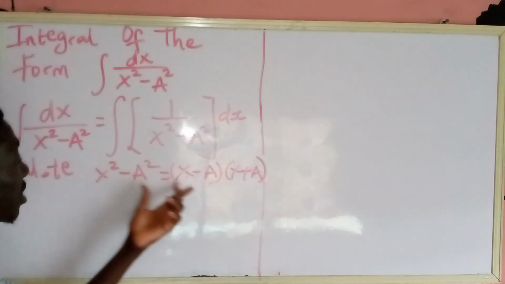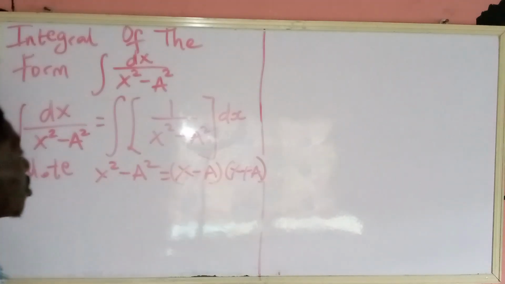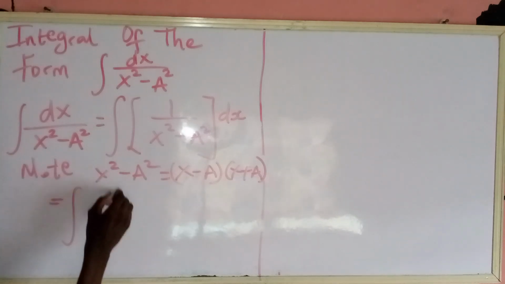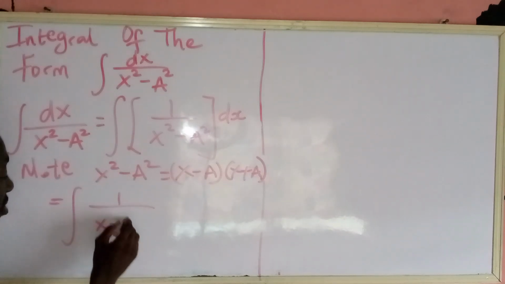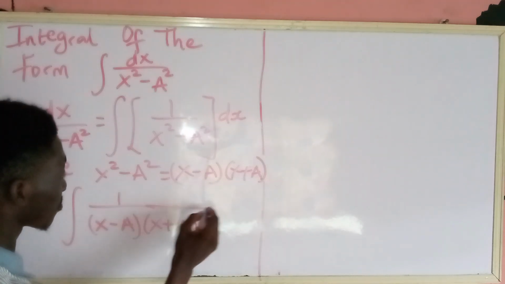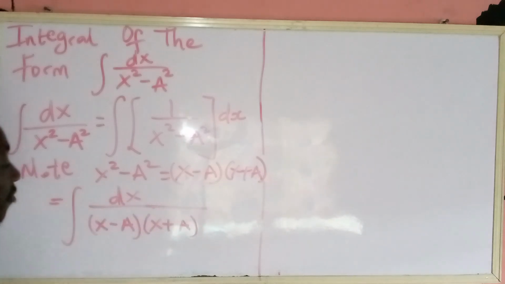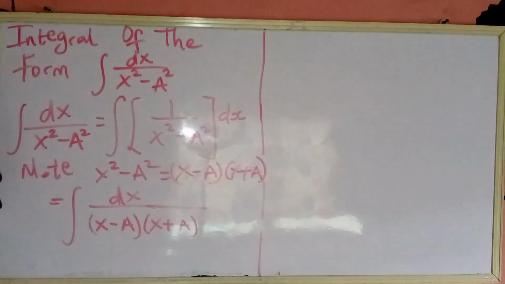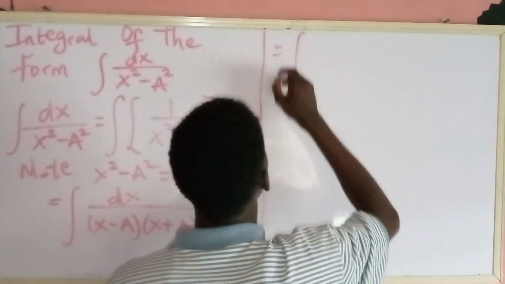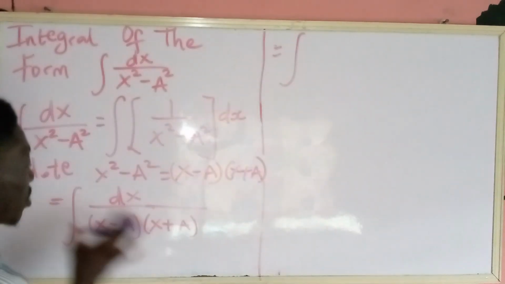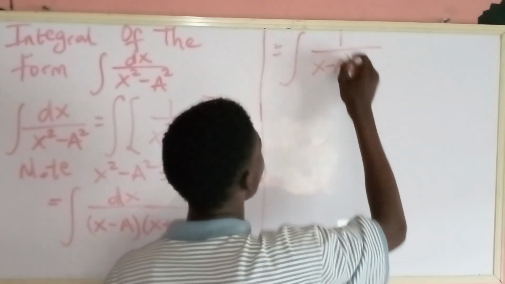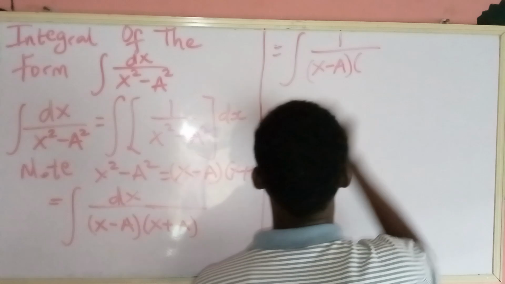This expression here is the same as this expression. So this can become the integral of 1 over x minus a multiplied by x plus a, and I have my dx here. From there, this is what we call a partial fraction. So we try to get the partial fractions of this.